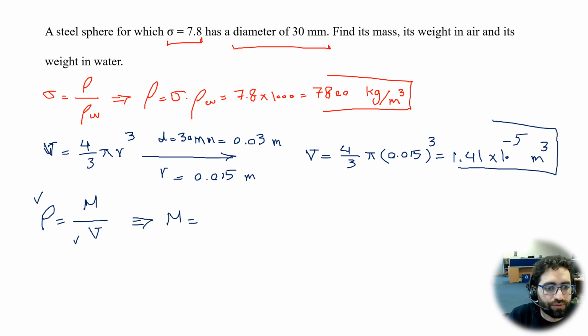The mass is equal to density multiplied by the volume, which is 7,800 times 1.41 times 10⁻⁵.